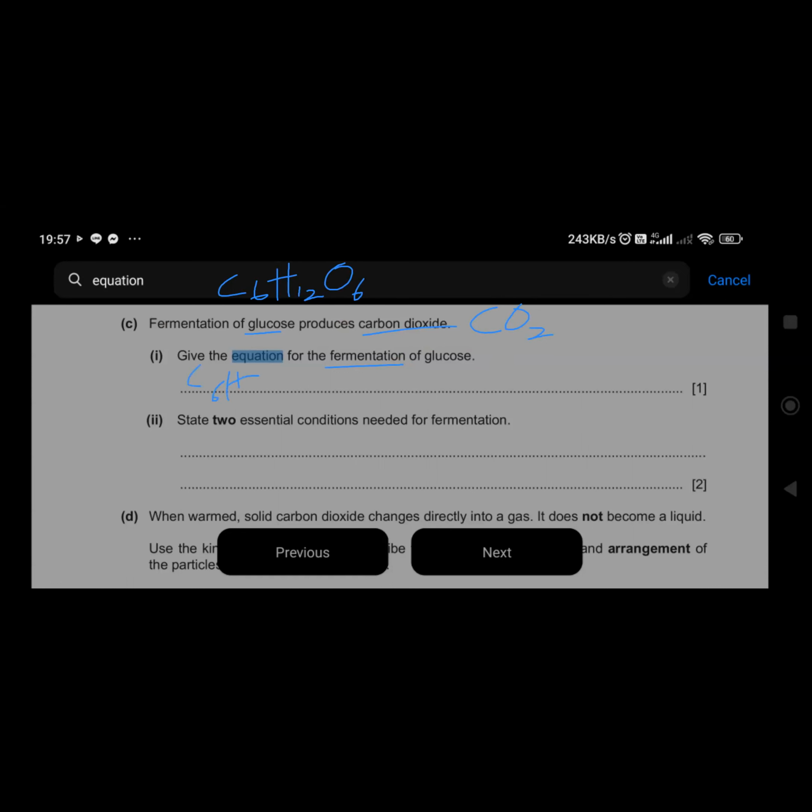C6H12O6 becomes carbon dioxide and ethanol. Ethanol you need to write, in that case, C2H5OH, right? Because it's an alcohol formula, you can go to the general formula and write it.